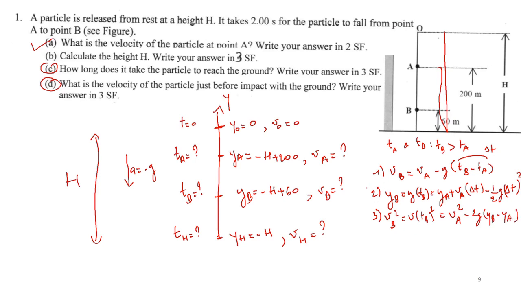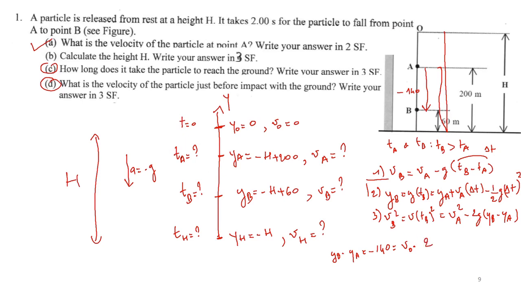So first question, I will use this because I need VA, right? So I'll say YB minus YA. By the way, YB minus YA is just minus 140. So minus 140 is equal to VA, that I don't know, multiplied by TB minus TA, which is delta T, which is 2 seconds.